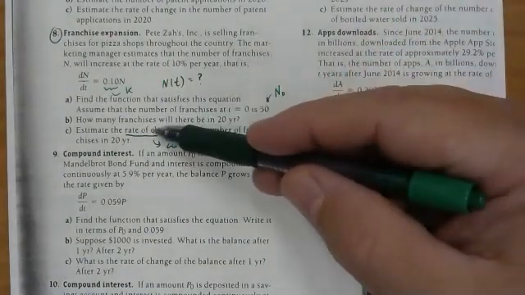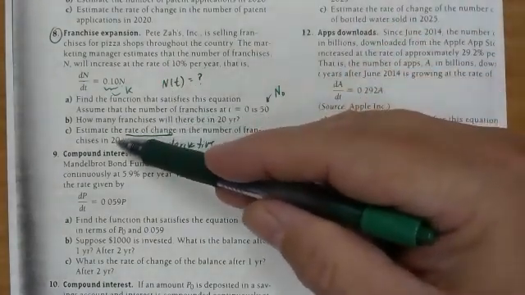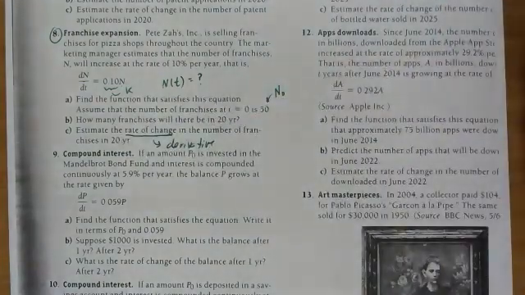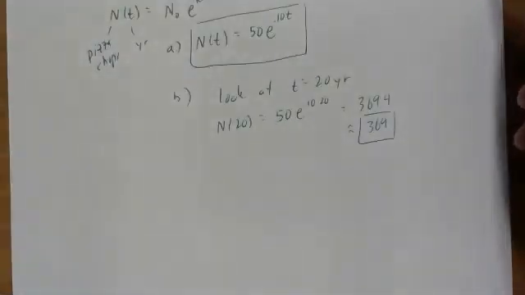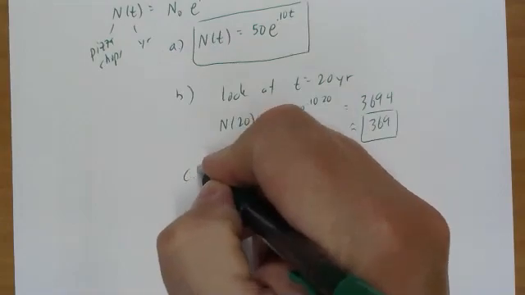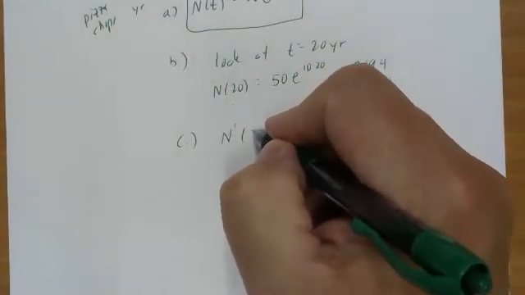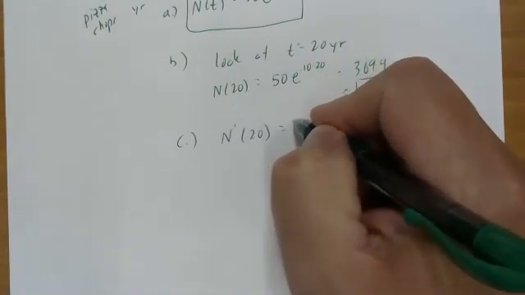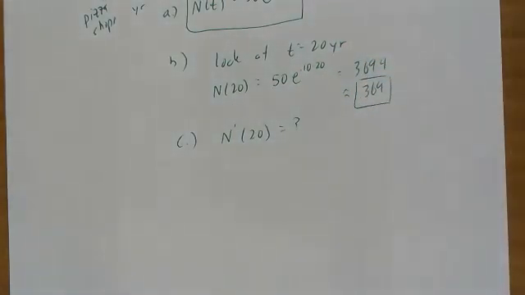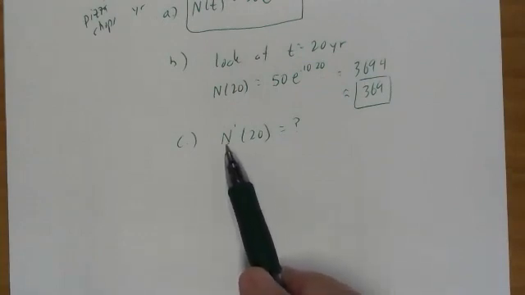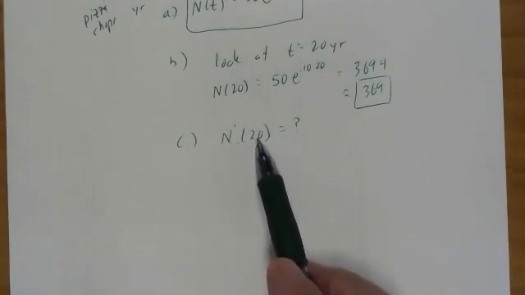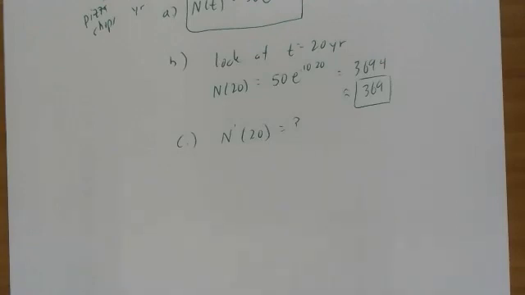So basically they're saying, what is the derivative when the time is 20 years? So in a sense, for part C, here's what they're really asking for. They want to know what the derivative is when the time is 20.